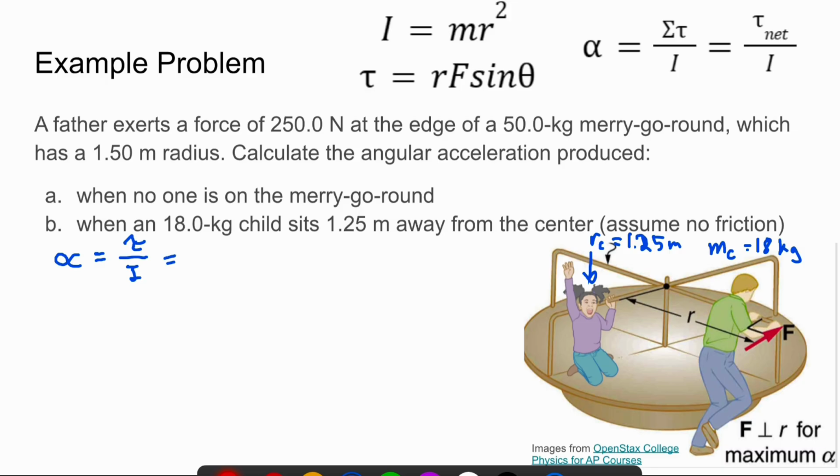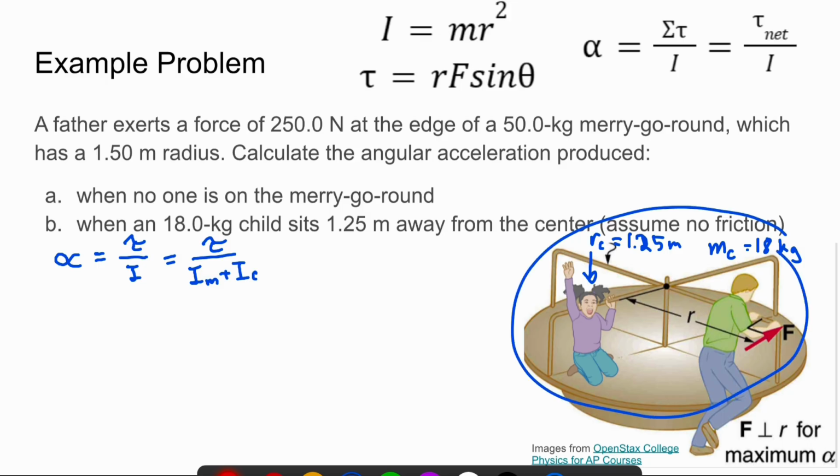However, in this case, we have a moment of inertia for both the merry-go-round and the child. So we've got to figure out both, because our moment of inertia for this whole system is comprised of both the merry-go-round and the child itself. So we have to take both into account.